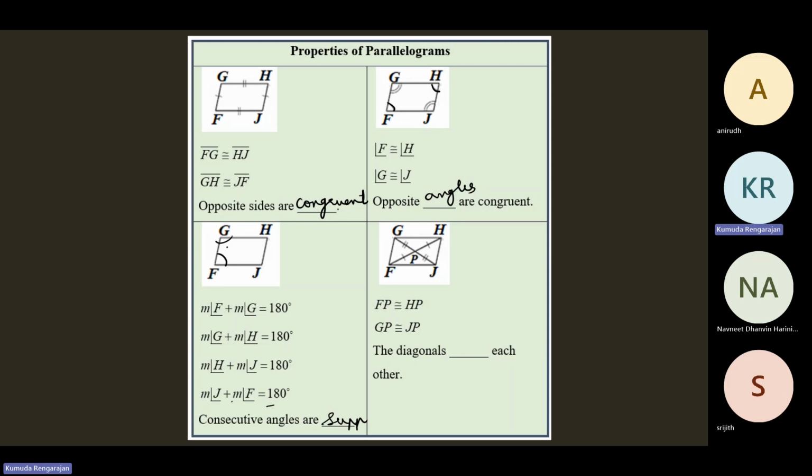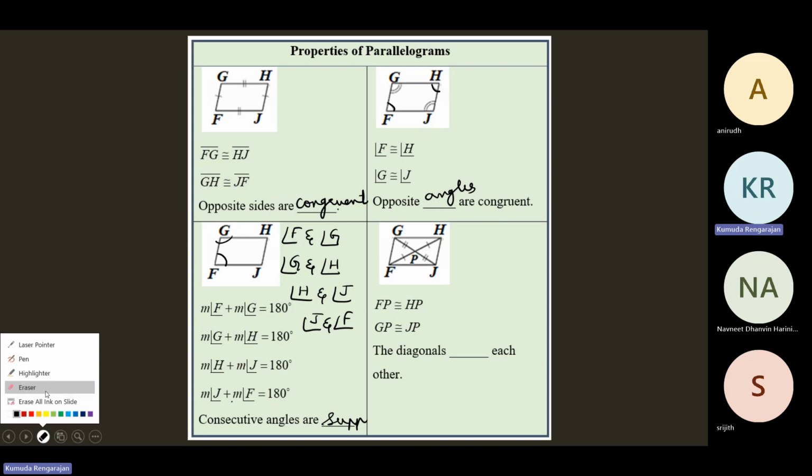The four pairs of adjacent angles are angle F and angle G, angle G and angle H, angle H and angle J, and angle J and angle F. These are the four pairs of adjacent or consecutive angles. And in the parallelogram, consecutive angles are supplementary.